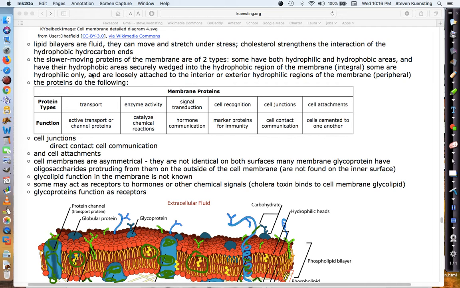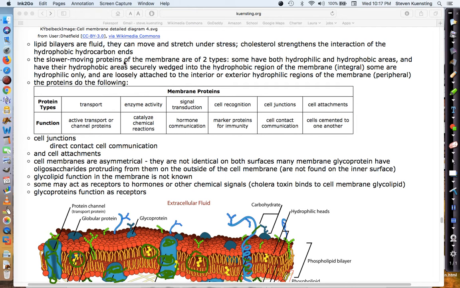So the slower moving proteins are these blue things: protein, protein, protein. They're of two types. Transmembrane proteins, or integral proteins, are stuck in the membrane and reach through the membrane. They have polar and nonpolar regions. The peripheral proteins tend to have only small nonpolar regions and a little bit of polar regions sticking out.